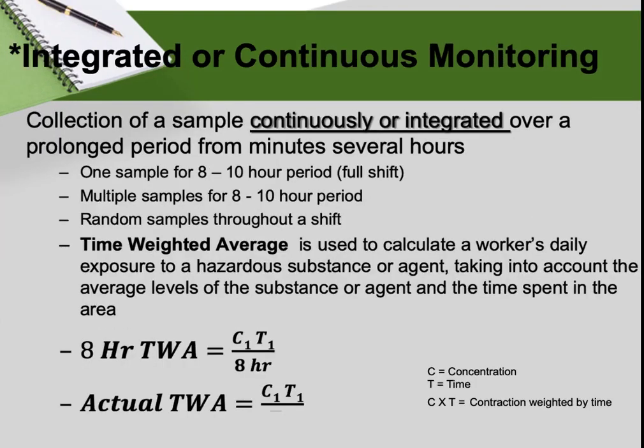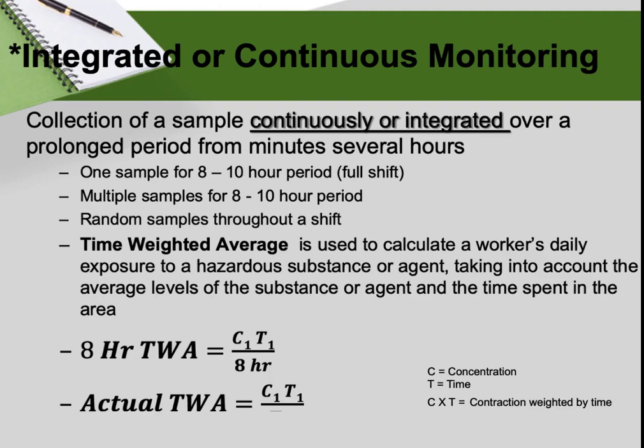So integrated or continuous sampling is a collection of a sample over a prolonged period of time, from several minutes to several hours. We can take one sample for an 8-hour period, or to get more specific data, we can take multiple samples for an 8-hour period. We can randomly sample throughout the shift.